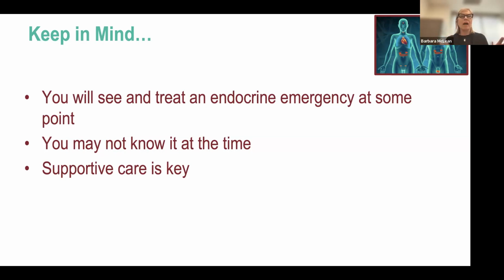You just might not know it at the time, but always be thinking about it when you have a patient whose blood pressure you can't get down or you can't get up. They have bradycardia and hypotension, bradycardia and hypertension, or the reverse, tachycardia and hypertension or tachycardia and hypotension. At that moment, you should always consider the possibility that the patient may have some significant endocrine dysfunction.